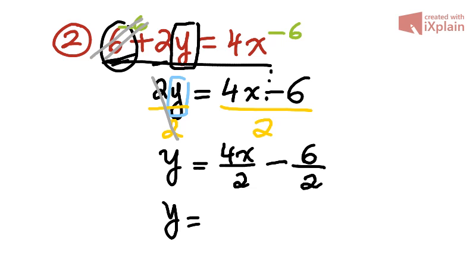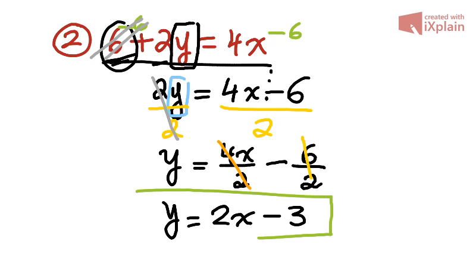To finish off, we simplify. 4 divided by 2 here we'll have 2, and then 6 divided by 2 there we'll have 3, negative 3 of course. So now this equation, or this law for the linear function we're talking about and the graph we want to sketch, is a lot easier to do.